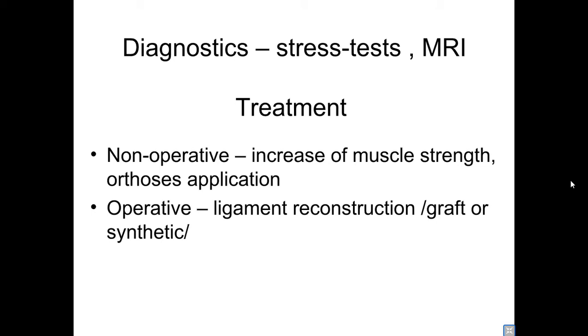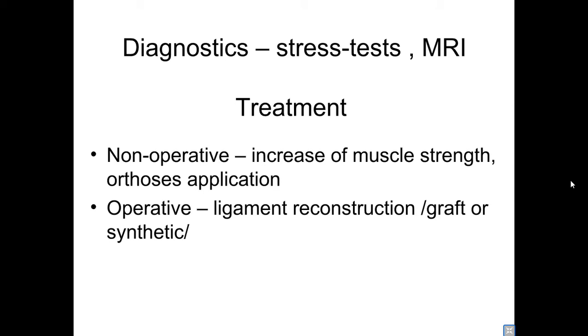Treatment of ligament tears or ligament strain is non-operative. After the initial acute period, we apply immobilization, and then we start with recovering of the natural range of movement.